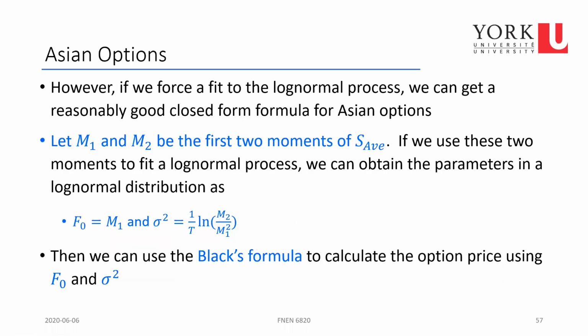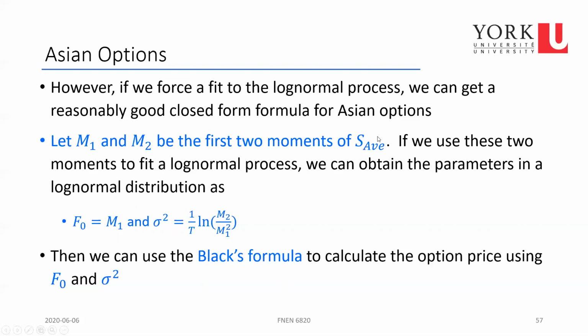So the way to do that is you want to force yourself to a log normal process. Although truly S average doesn't follow a log normal process, it's actually close.